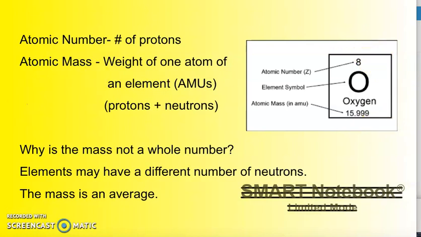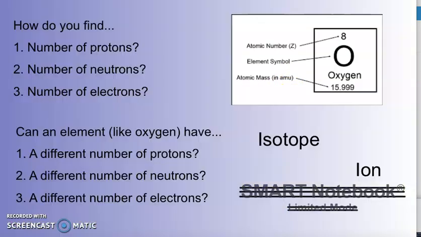So I want you to be able to look at any given square on the periodic table and tell the number of protons, the number of neutrons, and the likely number of electrons in each of them. So, how do you find the number of protons? Correct, it is the atomic number.